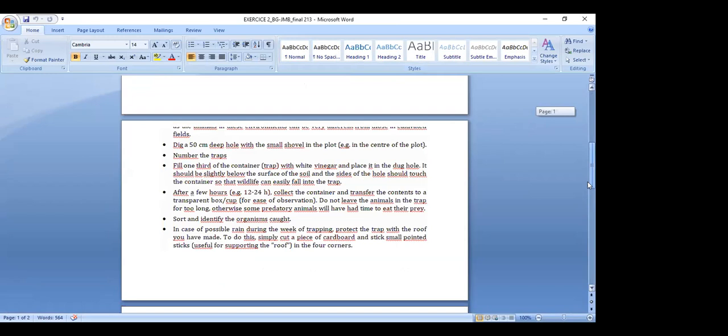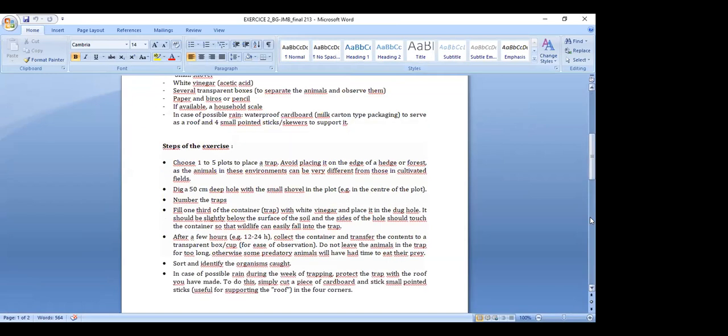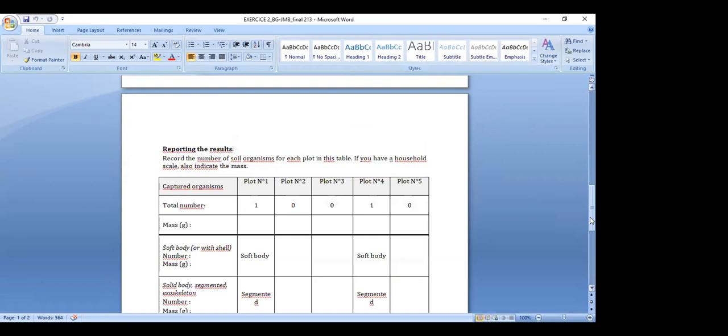What you want to do in exercise 2 is very, very simple. On your piece of land, just identify 5 places. Partition the land into 5 plots. If you have a large land, you can divide it into 5 plots.